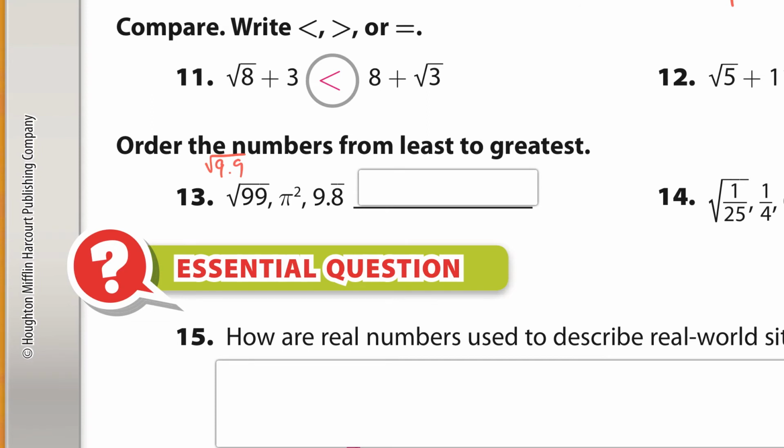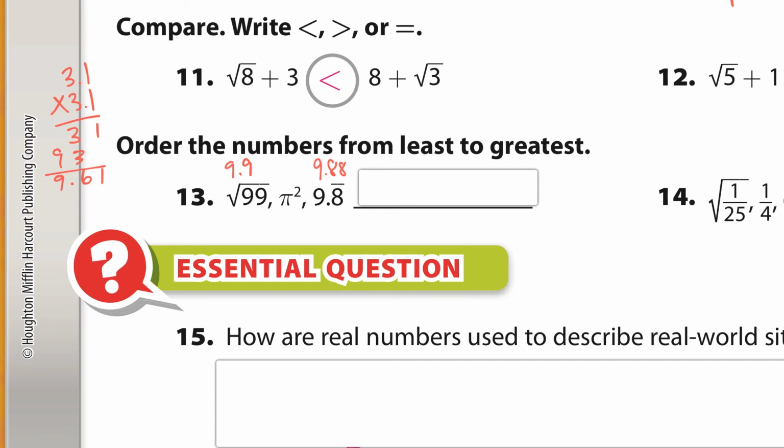Pi squared. Oh, okay, so this is 9.88. Oh, I made a small mistake on this. This is actually about 9.9. And 3.14 times 3.14, I honestly don't know what that is. So I'll just do 3.1 times 3.1 to get an approximation. That's 9.61.